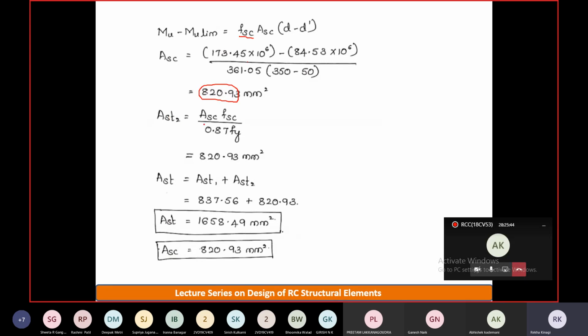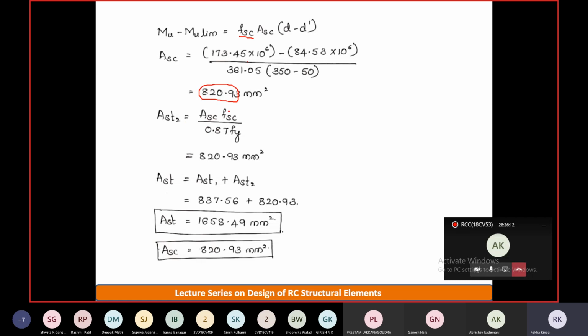In order to calculate AST2, we'll be using the equation ASC into FSC divided by 0.87 Fy. By substituting the ASC value, FSC and 0.87 Fy, we get the value of AST2 equal to the same as that of ASC. Why is AST2 equal to ASC?